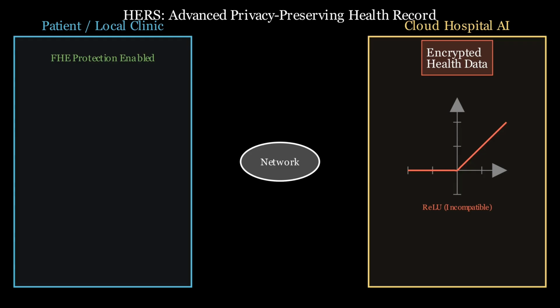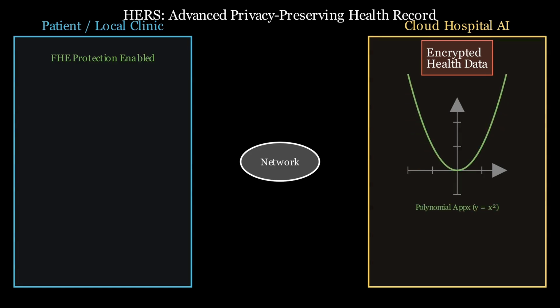Here lies the fundamental incompatibility. FHE schemes, like CKKS, restrict us entirely to polynomial arithmetic. We are confined strictly to homomorphic addition and multiplication. Because encrypted data inherently blocks branching logic and comparison operations, evaluating a standard ReLU activation on a ciphertext is mathematically impossible.